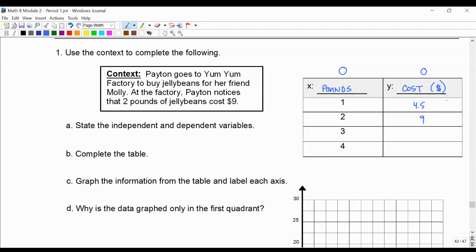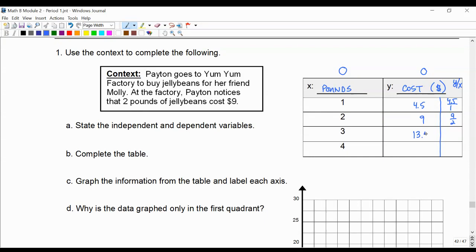Remember, one of the ways that we figured that out was we would do our y over x ratio like this, and all of these should be equal to 4.5. All right, and once we know our y over x ratio, and that it's proportional, we know that it's going to keep going up by 4.5.